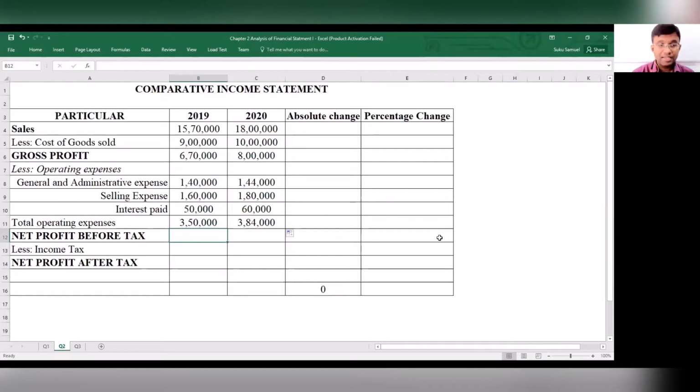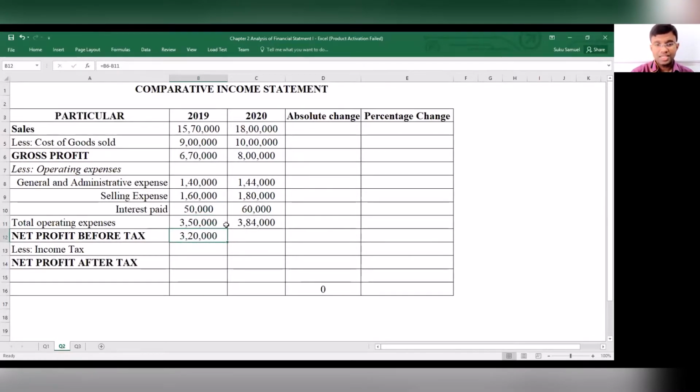Now, how do you calculate net profit before tax? To calculate net profit before tax, you will have to subtract your operating expenses from your gross profit.